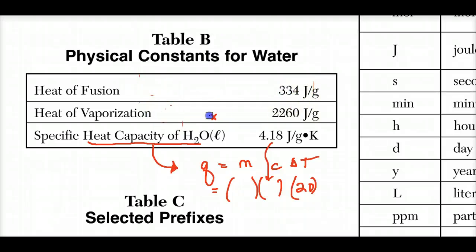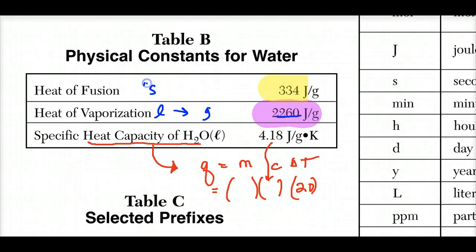You should realize the heat of vaporization, this is a big Regents question or concept, is always larger than the heat of fusion, always. The reasoning behind that is that if you're making a liquid go to a gas, there's a tremendous change of potential energy. Gases have unbelievable amounts of kinetic energy compared to liquids, so liquids need a lot more energy to make this happen.